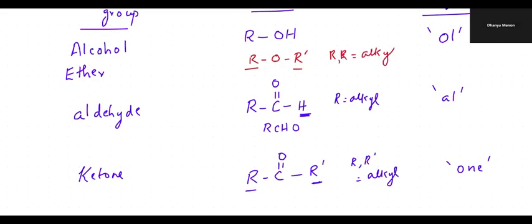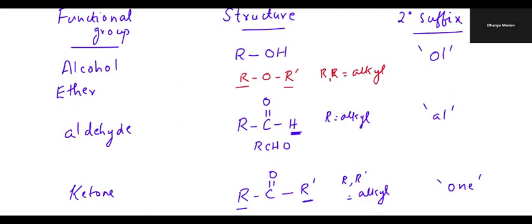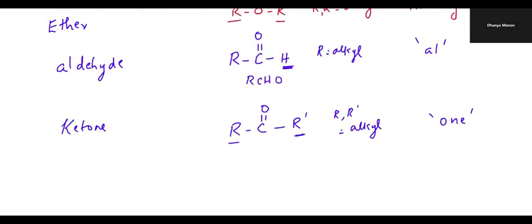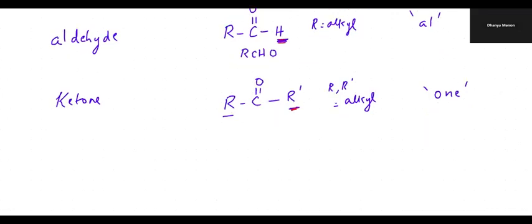And when ether is there, we use the suffix alkoxy. So alcohol and ether have a similar structure. Only in alcohol this H is there, and in ether this H is replaced by another alkyl group. Then aldehyde is RCHO, and in ketone this H is replaced by an alkyl group, and both alkyl groups, R and R dash, can be the same or different.